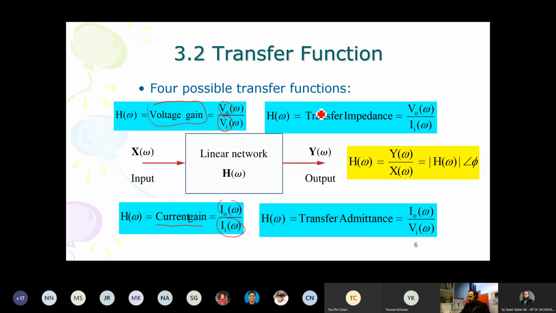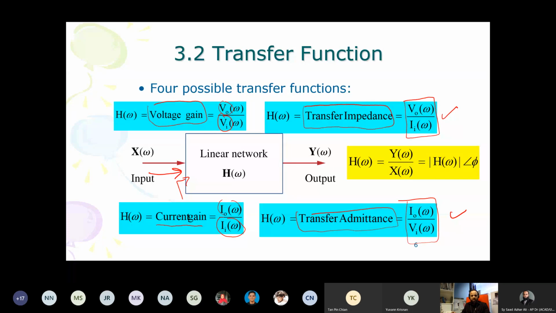It could be the transfer impedance. Also, this is just another name for the transfer function, but the definition is V over I. V over I, remember, is impedance, and similarly I over V is the admittance. So when we look from this side, what impedance are we looking at is basically this one, or what admittance you're looking at is basically this one.